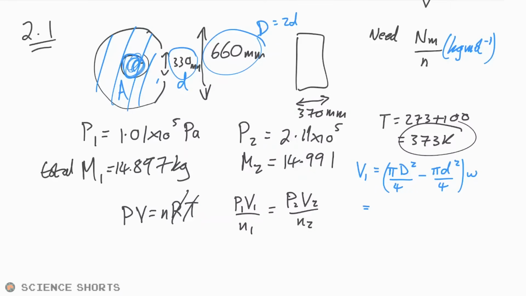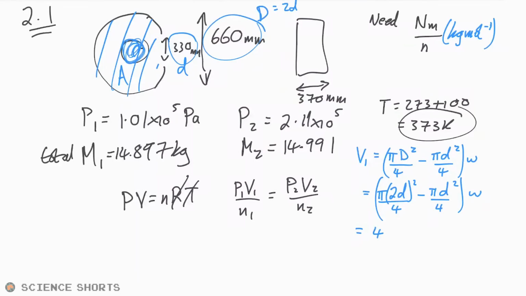So we can say that's equal to pi times 2D squared divided by 4, minus pi D squared over 4, all times by W. And so that's going to give us 4 pi d squared over 4 minus pi d squared over 4 times by W. And so that's 4, take away one of those. So that's going to be 3/4 pi d squared times by W. There we go.